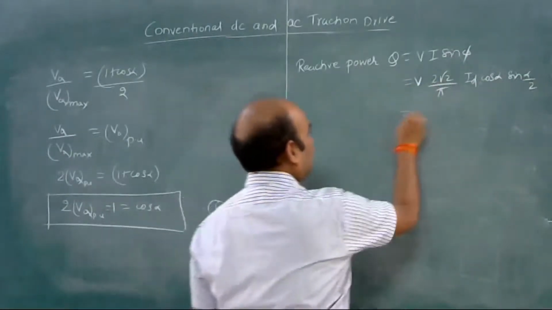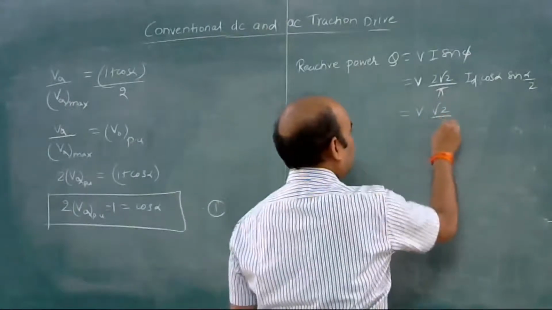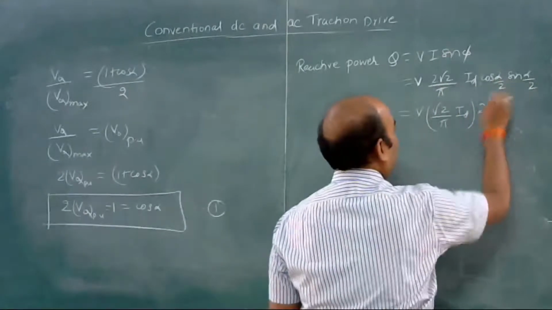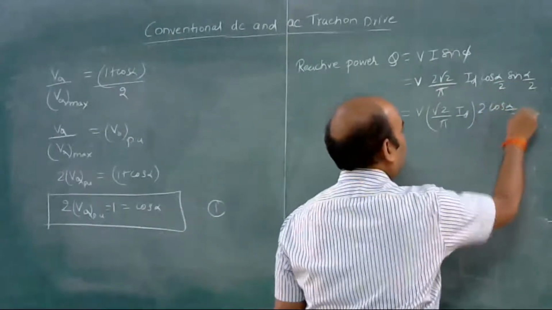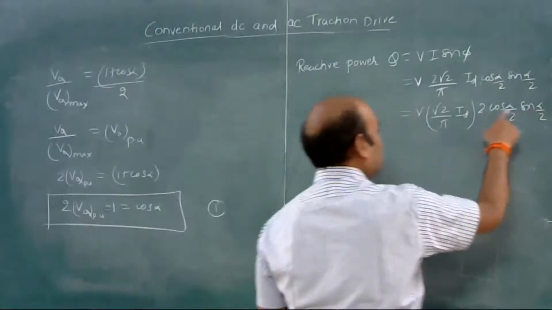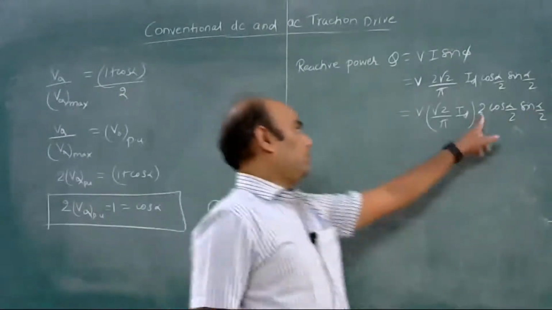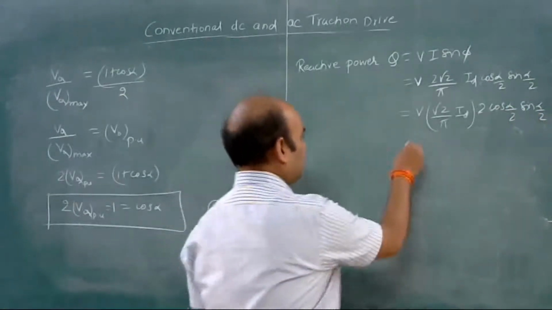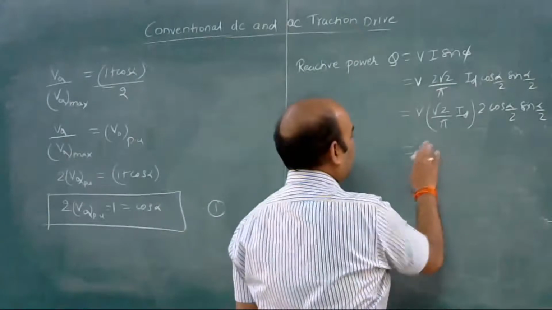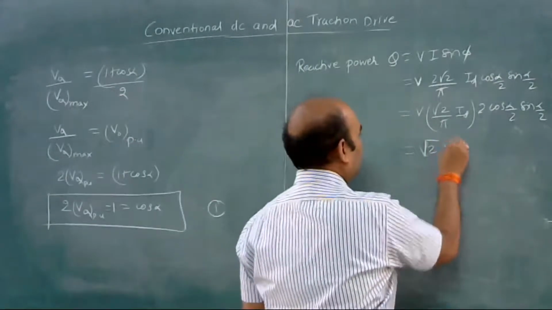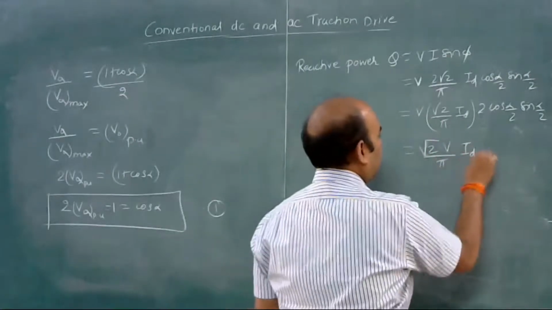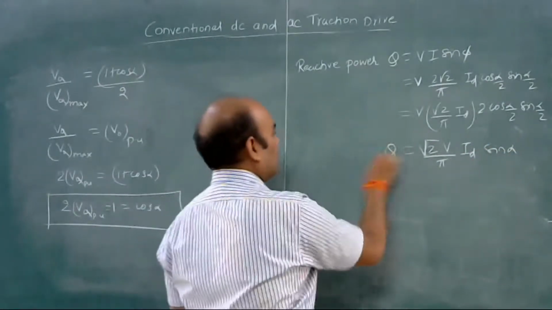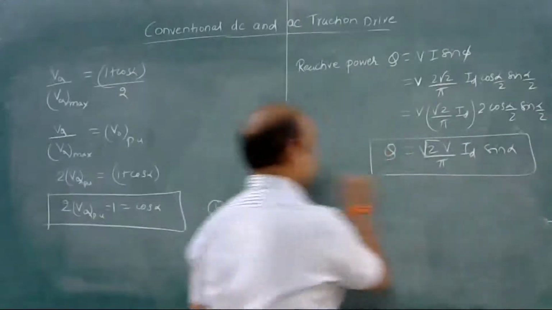So this can be written as 2 root 2 V by pi into ID into cos alpha by 2 sine alpha by 2. So this is 2 sine alpha by 2 cos alpha by 2, which can be written as root 2 V by pi into ID sine alpha. Okay, so Q is equal to this.